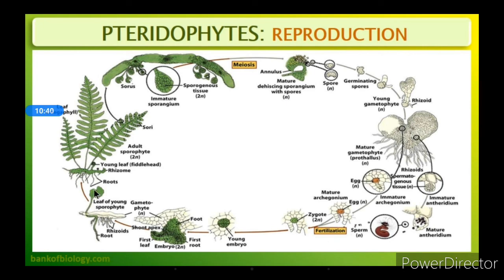So here you can see the leaves of the young sporophyte start developing. Yes, this is the gametophyte here, and it grows. I hope it is clear.